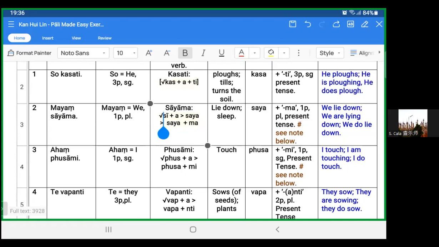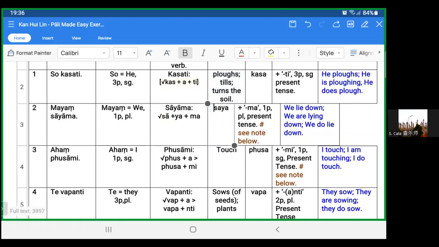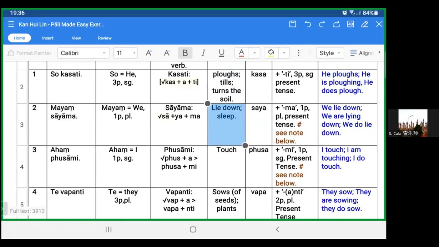All right, so sa plus ya plus ma. The meaning of sayama is to taste.